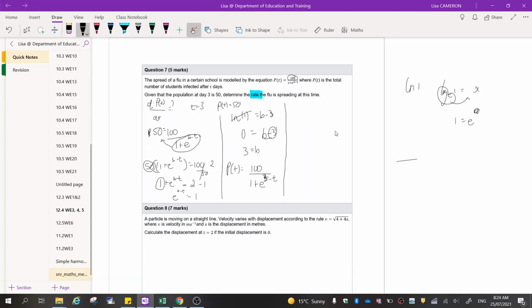So when I calculate the derivative of it, I'm going to take this bottom part and make it derivable. So let me write this. It's going to become 100 times (1 plus e^(3 minus t)) to the power of negative 1.